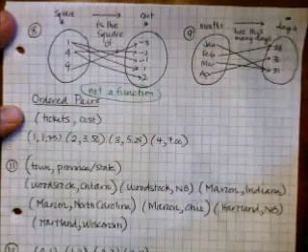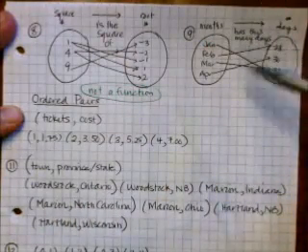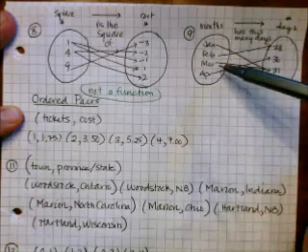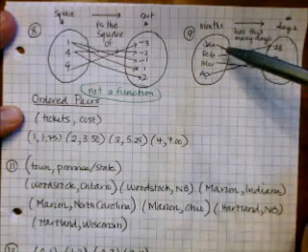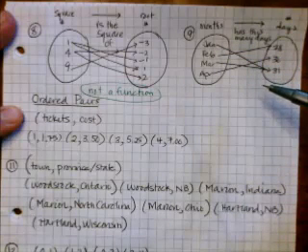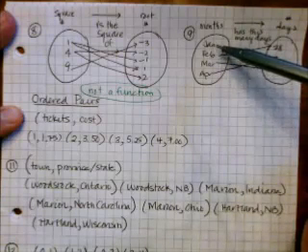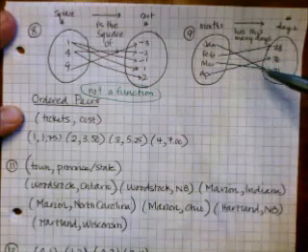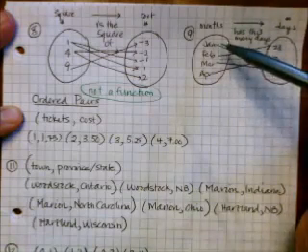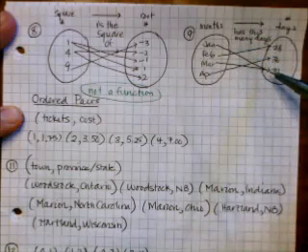All right, now let's look at the months and how many days each has. January has 31 days, but March has 31 days. Does that make this a function or not? That's a tricky one because you're seeing both going to 31. But does January go to two different places?